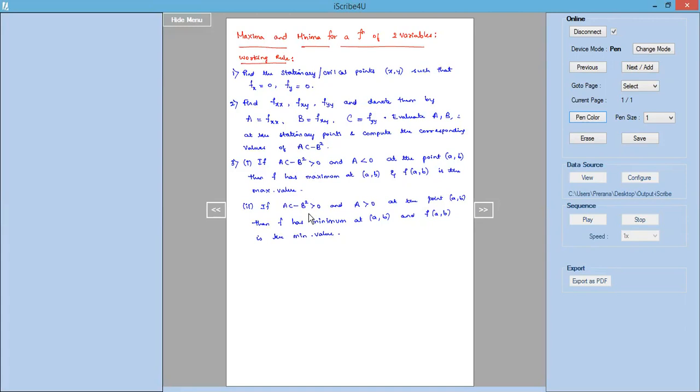So there arise the alternate cases. If AC minus B square is less than 0 or exactly equal to 0, or another case where A is equal to 0, then the critical point (a, b) or (x, y) is called the saddle point in those cases.